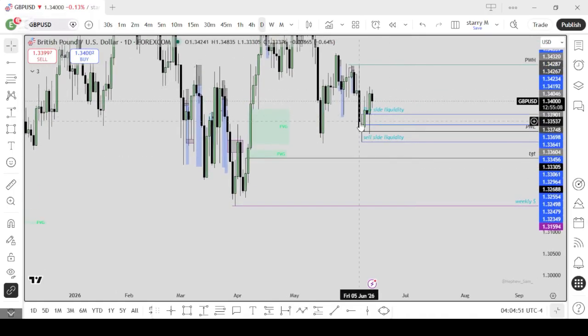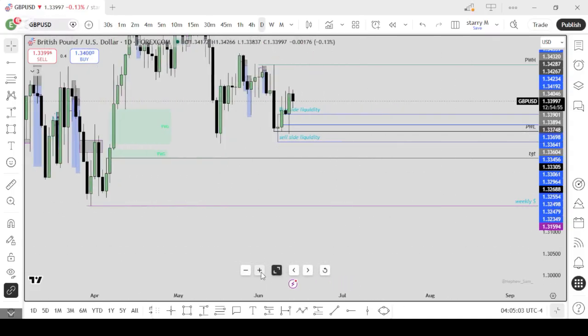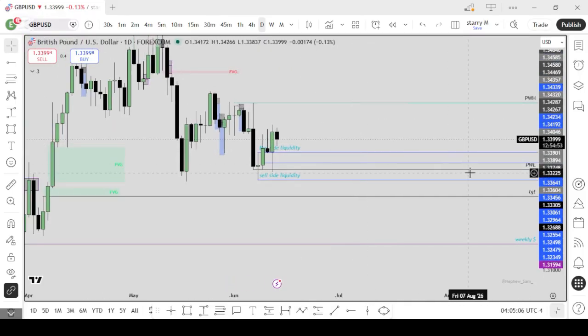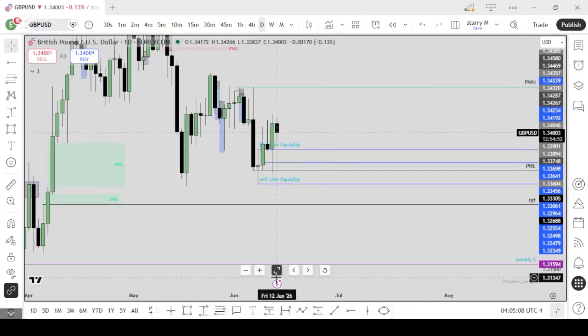On Monday, we also created a fair value gap. It's a bit similar. So we created this fair value gap on Tuesday. I was expecting it to take buy side and then make a market structure shift, and then I can enter.